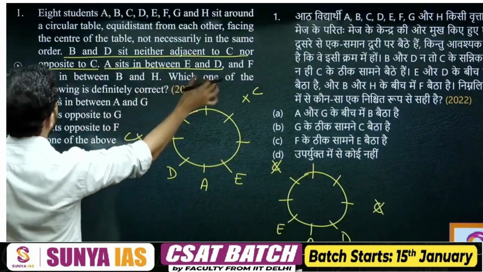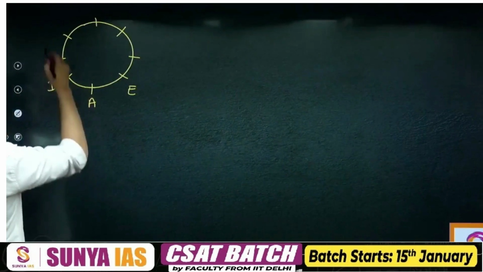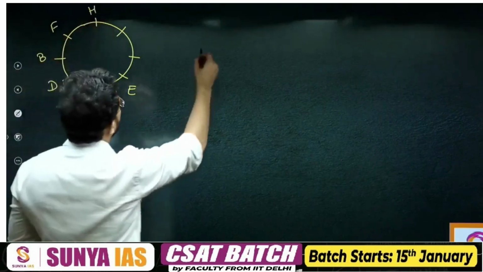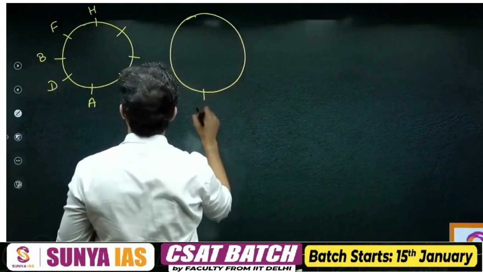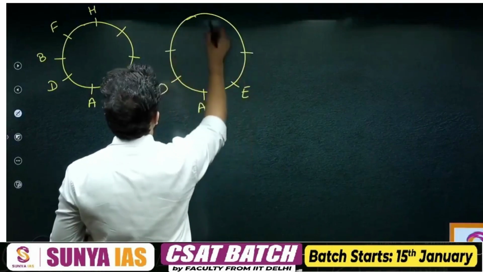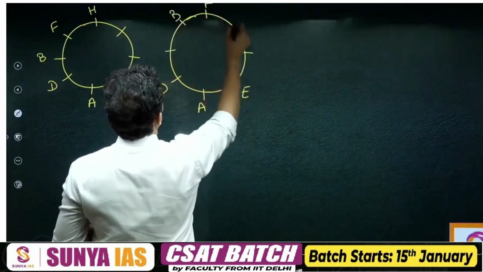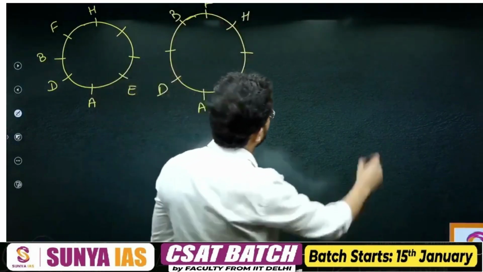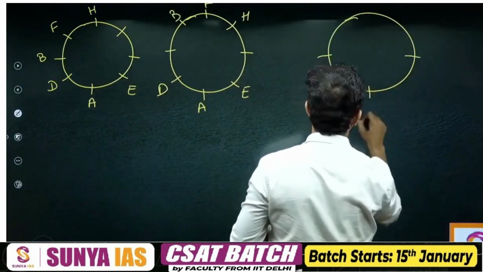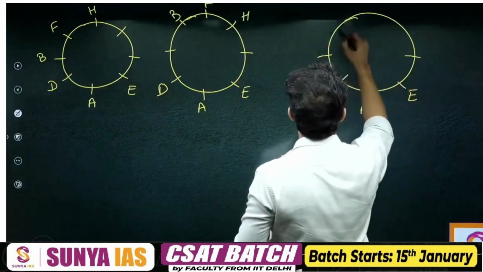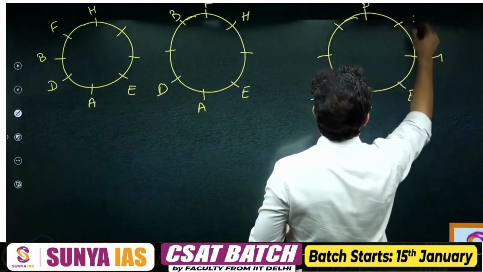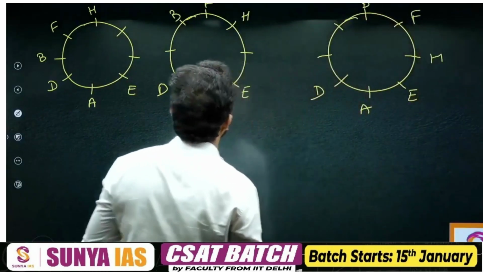Next, it is given that F sits between B and H. It can be like this. So B, H, F. It can be like this.